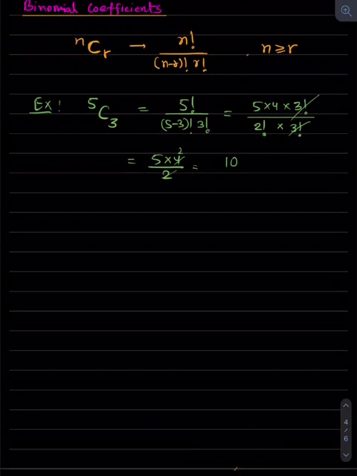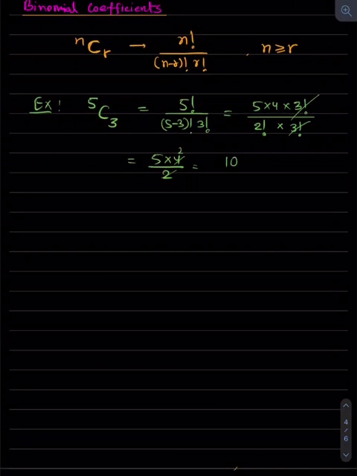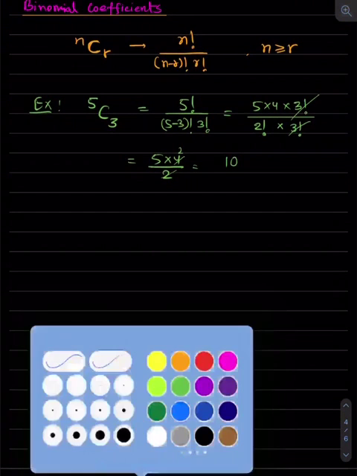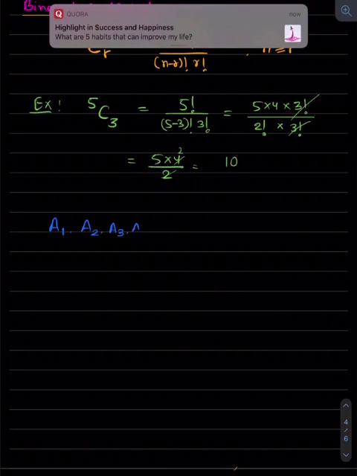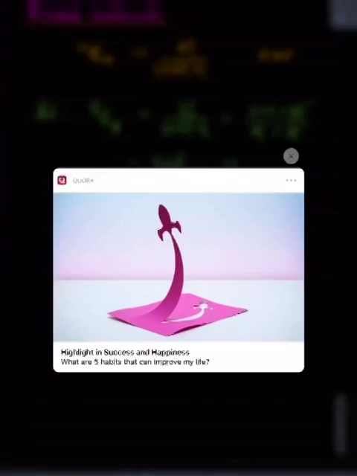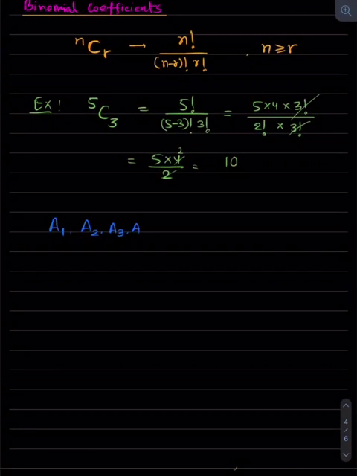now see an example. Suppose you have 4 different objects, A1, A2, A3 and A4, and you have to select only 2 out of them.